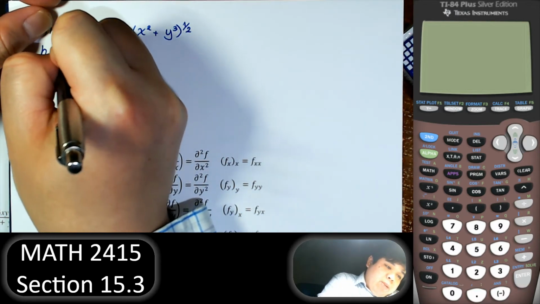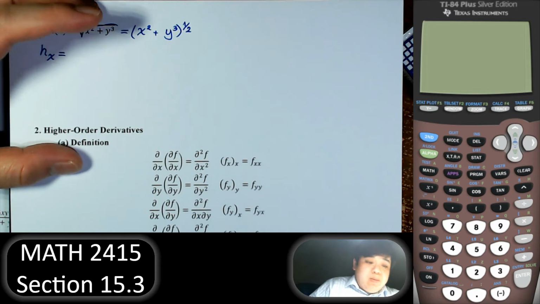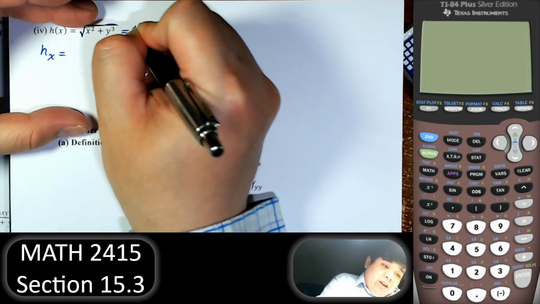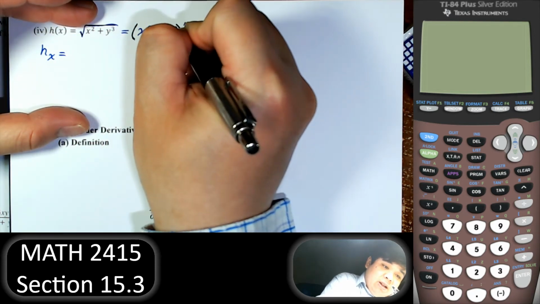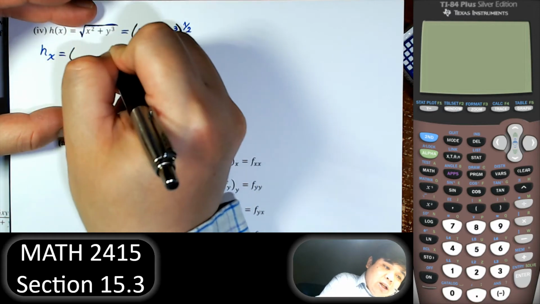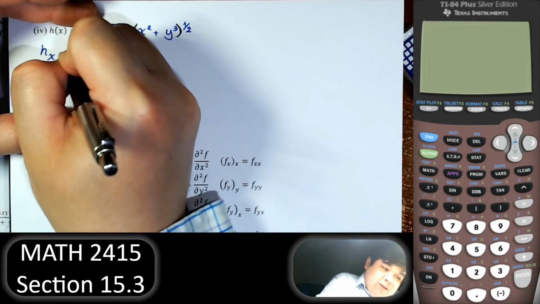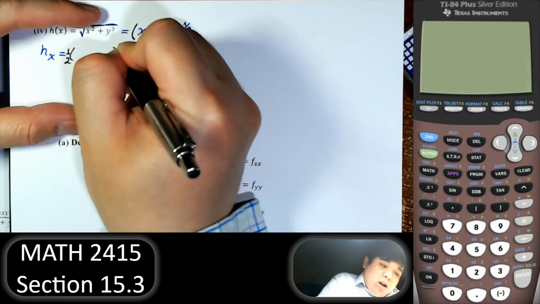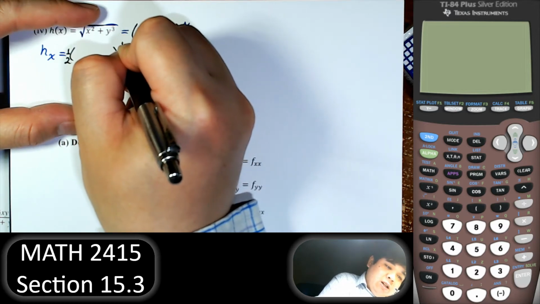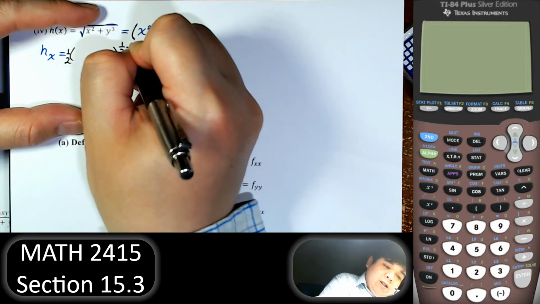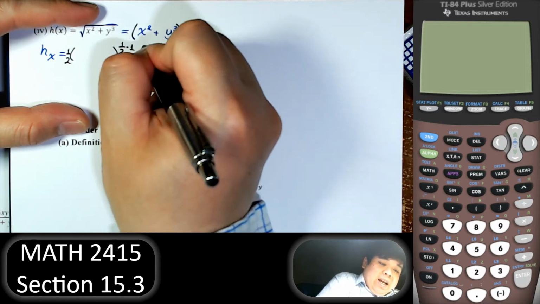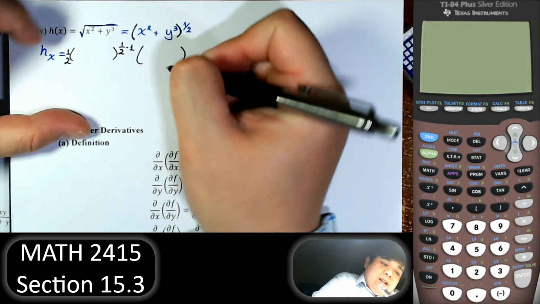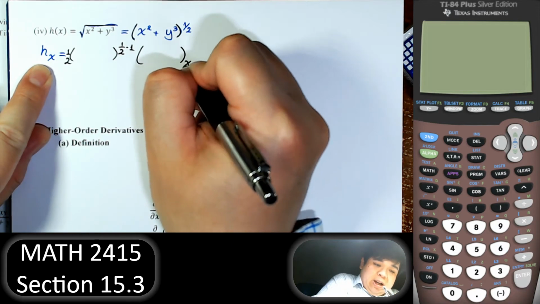Derivative with respect to x: it doesn't matter what's inside, the derivative of something to the 1/2 is, take out the 1/2, that something to the original power minus 1, so 1/2 minus 1. And then the derivative of whatever is inside with respect to the variable x.